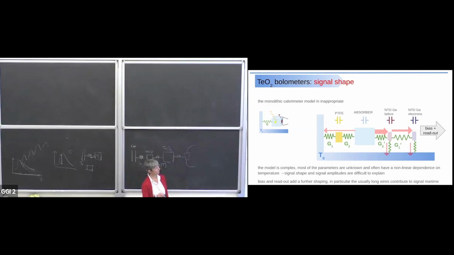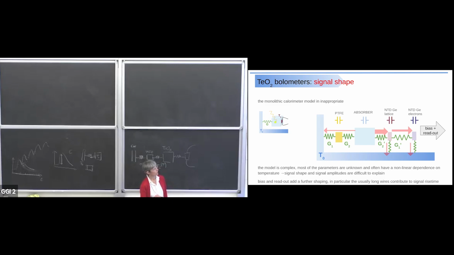And so the optimization of all these conductances should aim at the configuration that I designed, that I've drawn with these arrows. When you have heat produced by a particle that is interacting in the crystal, you would like most of the heat to go in the direction of the sensor. Of course, you will have a small amount of heat that will go in this direction through the Teflon.